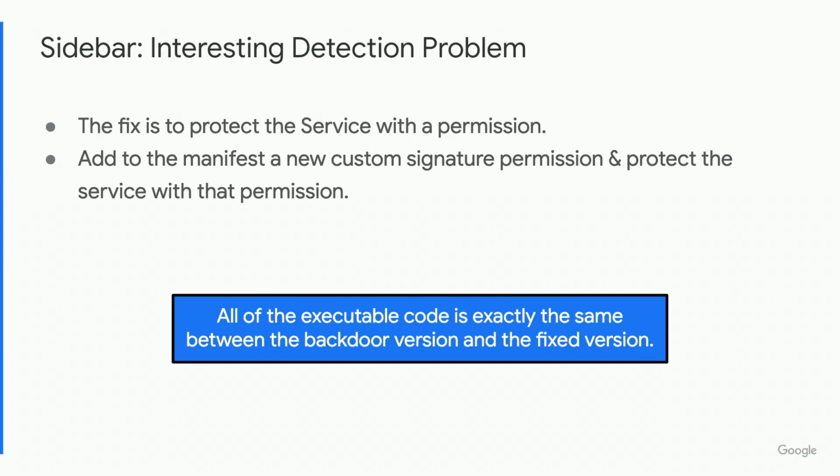We were always trying to create detections to detect the bad behaviors, the actual bad execution, what's the harm that's being done, rather than static signals. So this kind of just threw all of us for a loop: you can have an app with security issues and an app that is benign, and they have the exact same executable code.